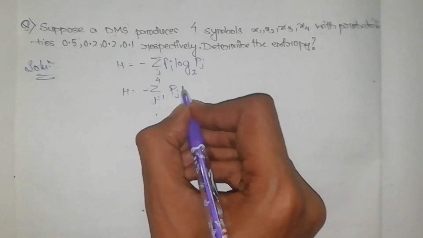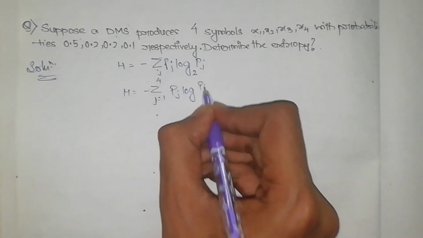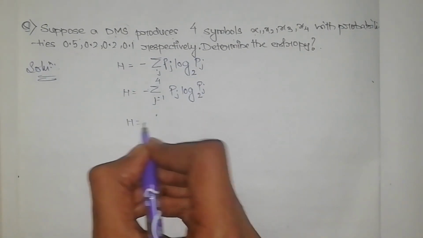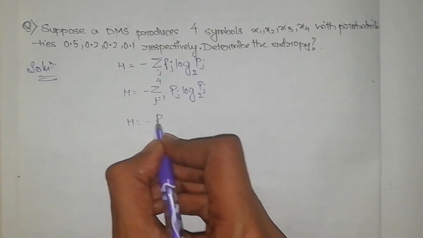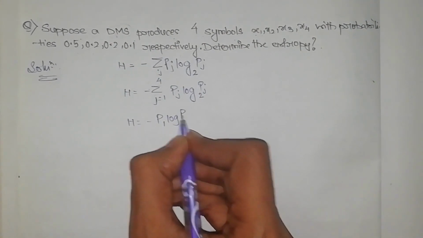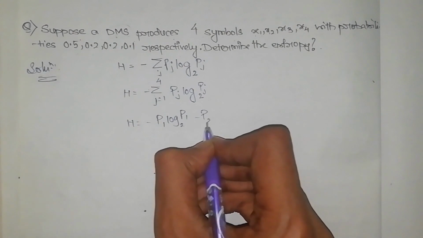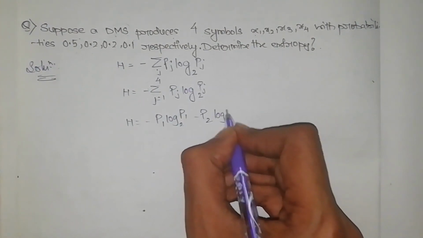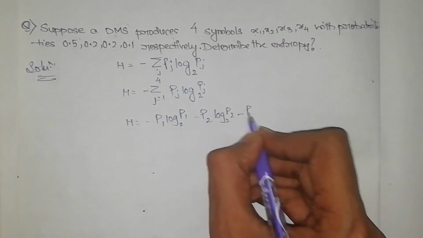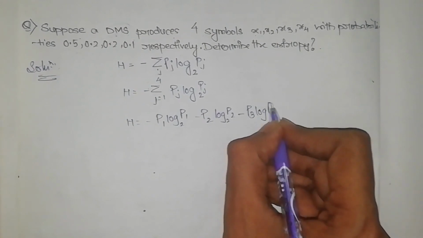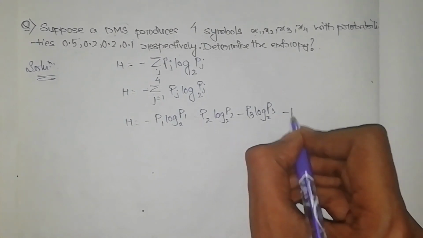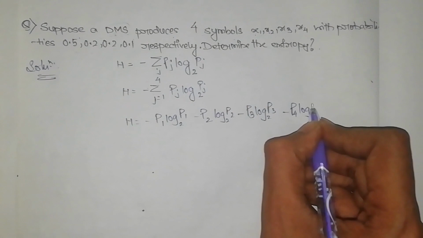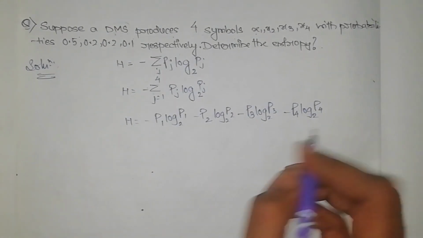So this will be written as minus p1 log p1 base 2 minus p2 log p2 base 2 minus p3 log p3 base 2 minus p4 log p4 base 2.